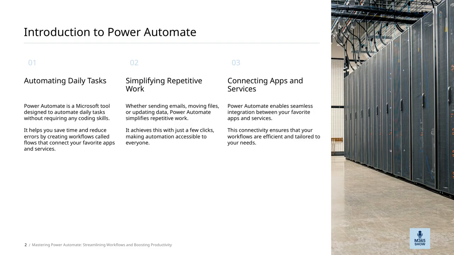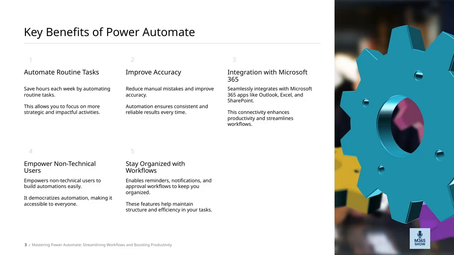The best part is, you can do all of this with just a few clicks, so automation becomes accessible to everyone, no matter your technical background. Power Automate is designed to help you save time, reduce errors, and focus on what truly matters by automating repetitive tasks effortlessly.